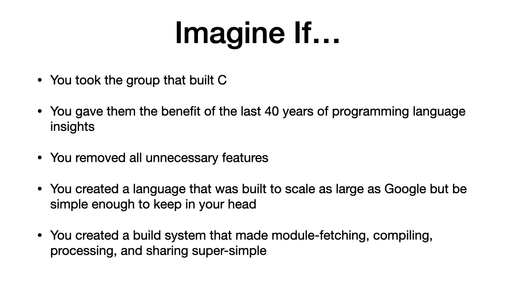So they decided to create a programming language that utilized all the knowledge from the last 40 years of programming language insights and build a language that was still simple enough that the programmer didn't have to spend a lot of time thinking about what the language is going to do, because they could hold all that in their head at the same time.